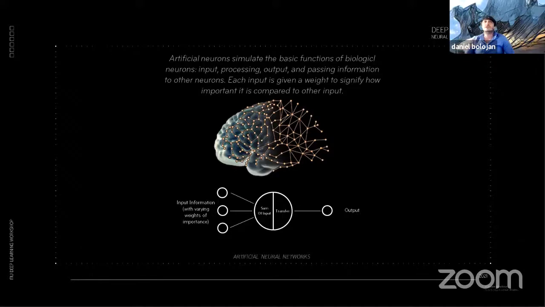So it's very similar to the way that we as humans operate. We have some input information that has certain relevancy or different importance. And then we have a processing unit. Let's say you have the brain that starts to weigh that information, and then you have a sort of output.